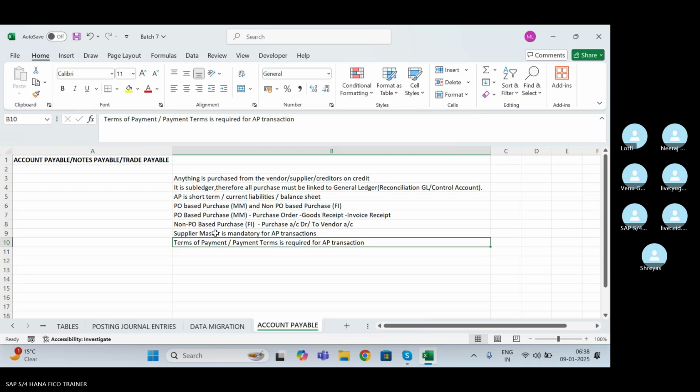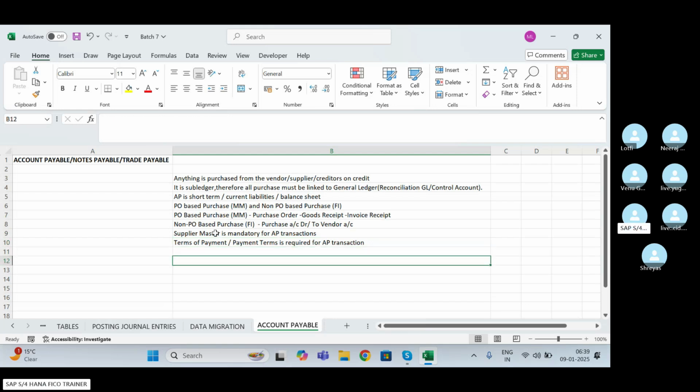Account payable is a credit transaction. So after a certain number of days, you have to make the payment to the vendor. But after how many days? That is decided in the terms of payment. So terms of payment basically deals with credit period and discount.